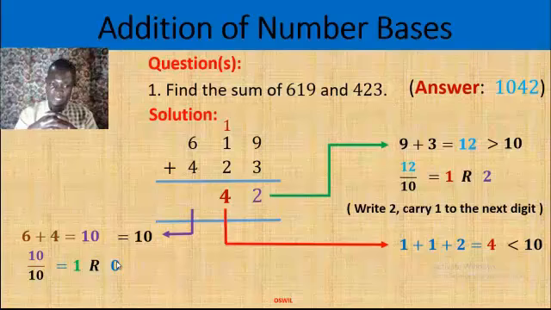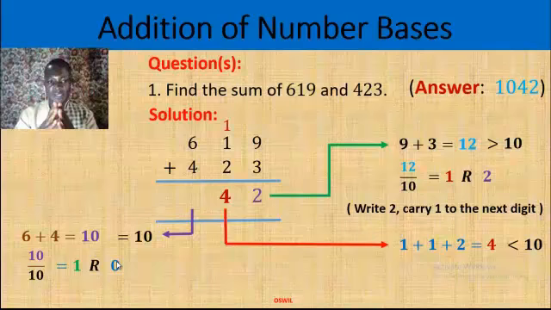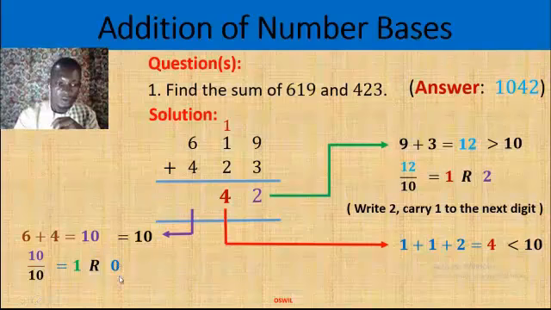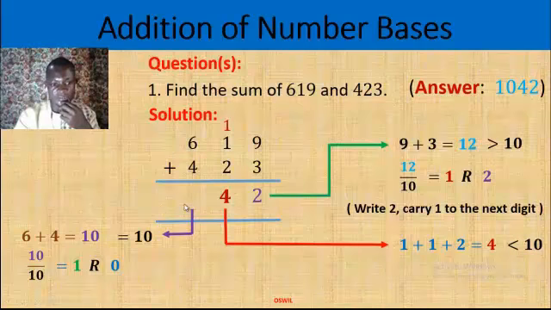I hope you get this right. Now, because the addition of 6 and 4 would be the last thing to attend to, we write 1, 0 as our final answer.